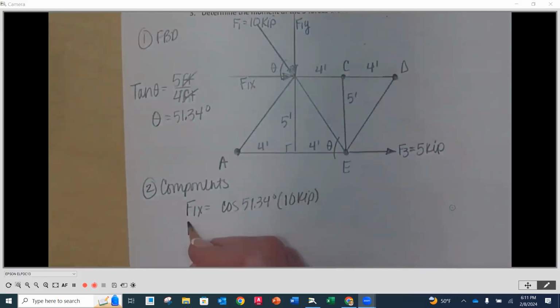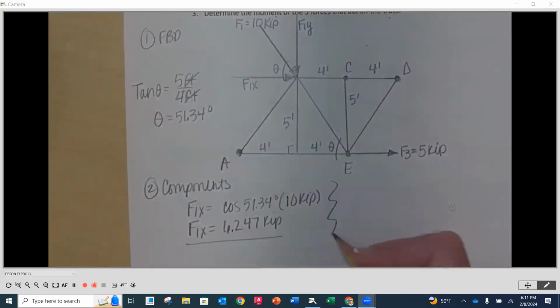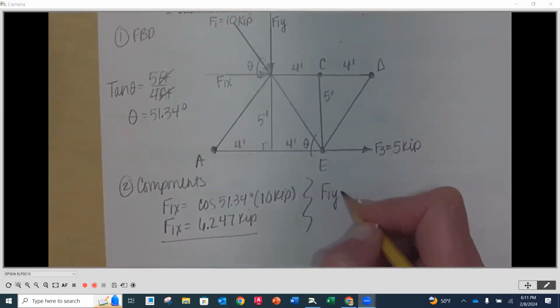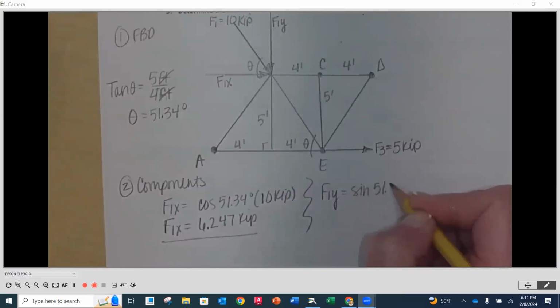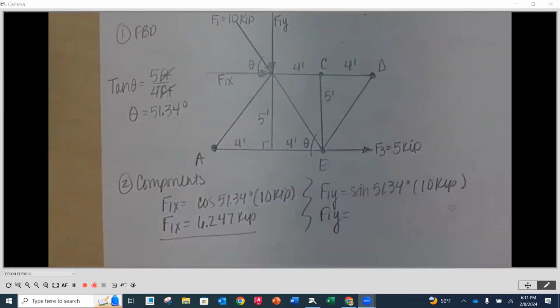So my F1x is going to be 6.247 kips. And then there's a 0 at the end. My y component is going to be the sine of 51.34 degrees times 10 kips, which is 7.8087 kips.